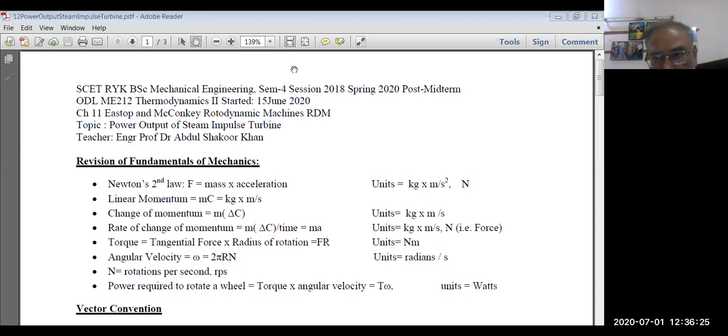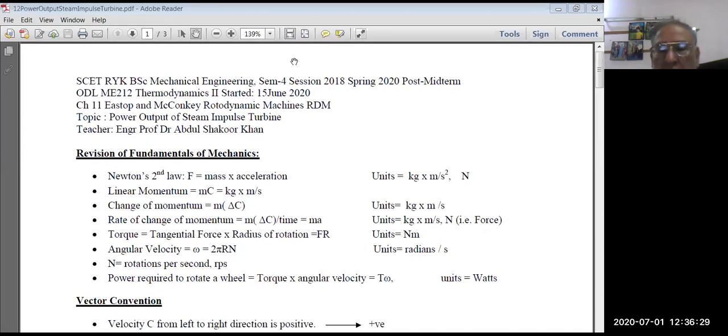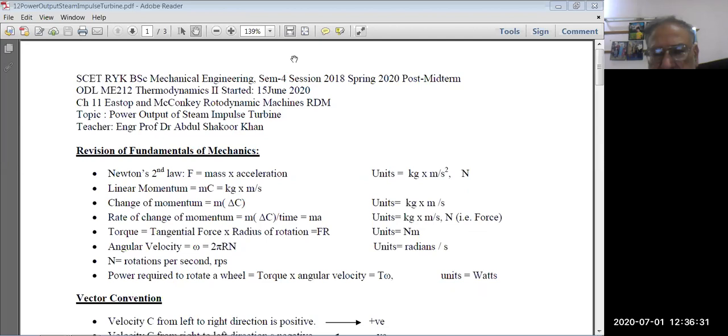Today we will derive and draw the velocity diagram of an impulse turbine at inlet and outlet of the blade, single stage impulse turbine, which is called the Laval turbine, and you will see how power can be calculated with the help of velocity magnitude, velocity angles and blade angles. So this is the procedure.